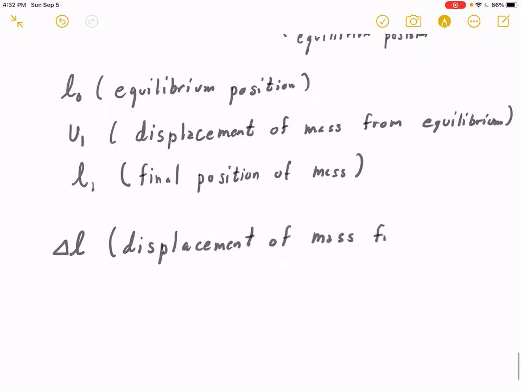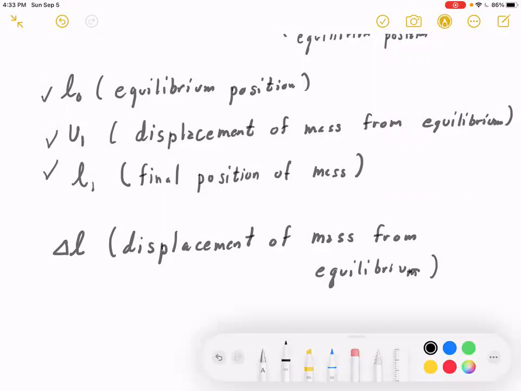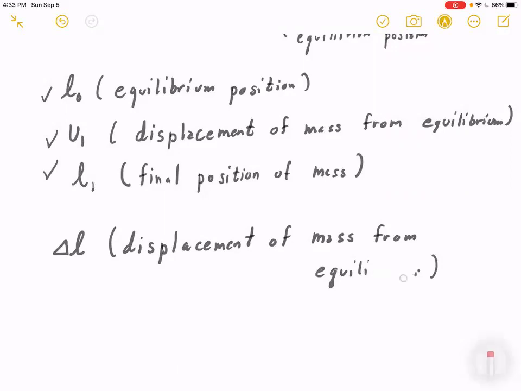You already know what this is going to be, but again, I'm setting this up. I'm defining L naught, U sub 1 and L sub 1 for a reason, because I'm going to generalize this formalism for our ultimate problem.